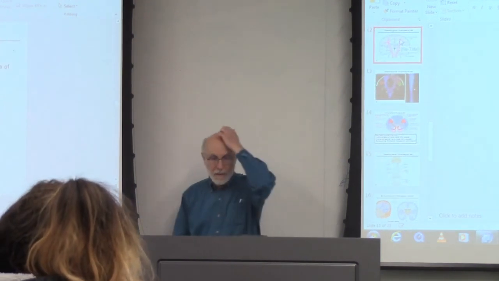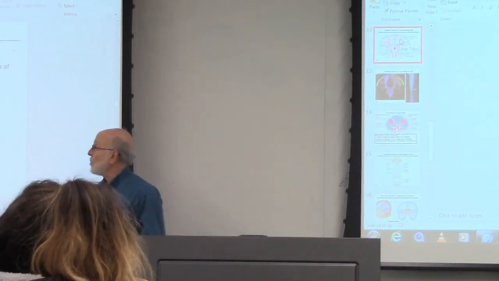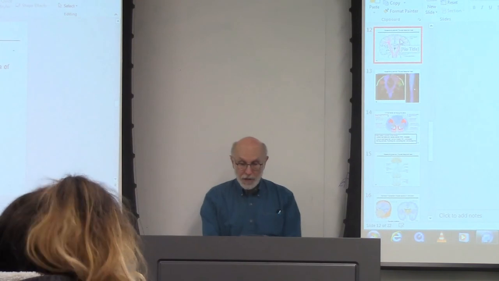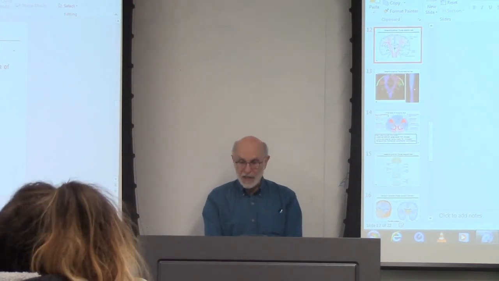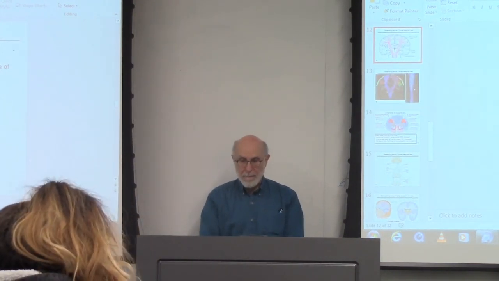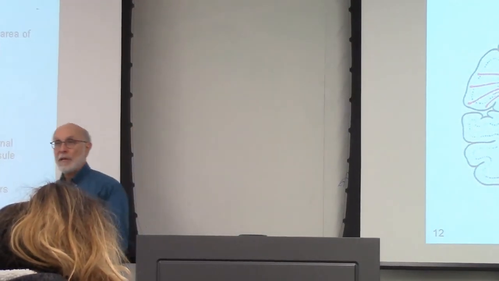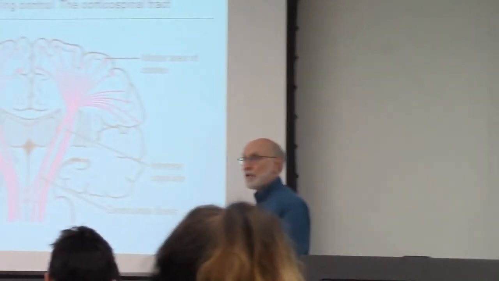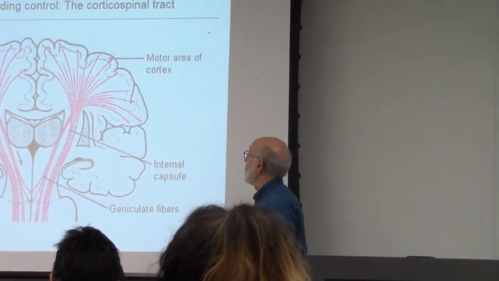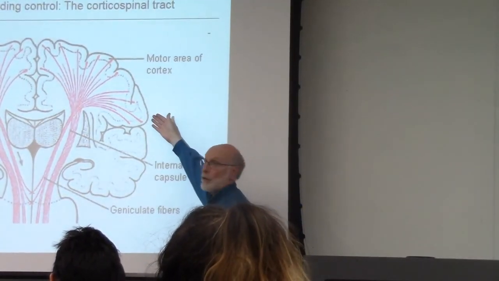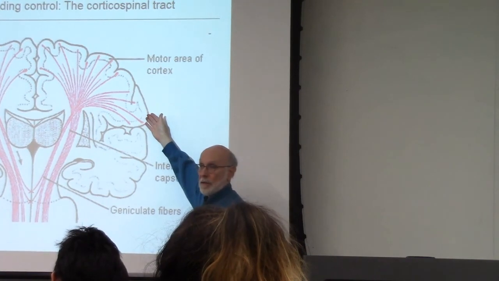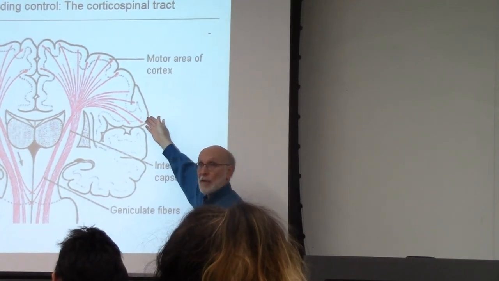Series of slides. So the corticospinal tract starts in the cortex, as the name would suggest. The axons from those neurons in the cortex, under the gray matter on the outside and the white matter on the inside. The cell bodies of the cortex are in the gray matter, towards the outside of the cortex.